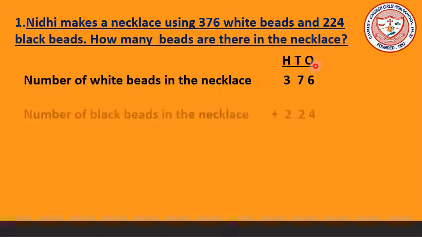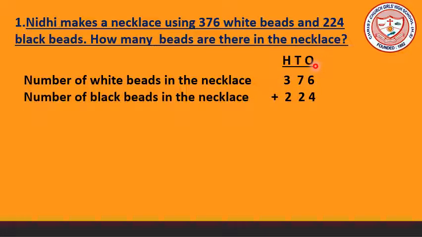Next, number of black beads in the necklace, 224. Alright, here you can see that I have written the number just one below the other. Alright, you have to follow this format.